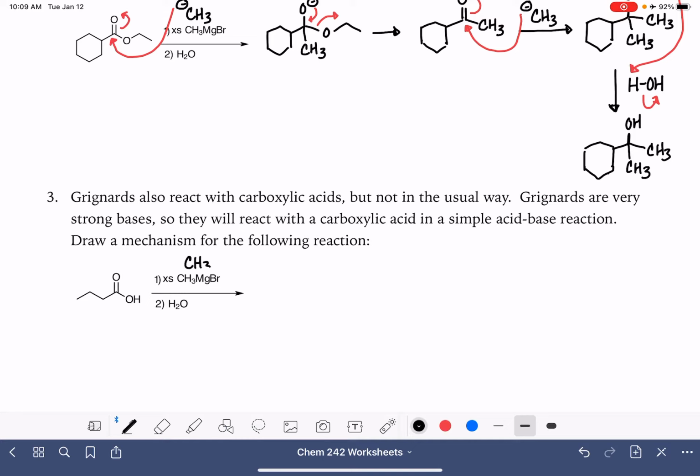So if we have a carboxylic acid present or anything that is even remotely acidic, all that's going to happen is that the Grignard is just going to go after the acidic hydrogen in the molecule. So it's just going to deprotonate the carboxylic acid and leave us with a protonated Grignard. It's typically not what we want to do.